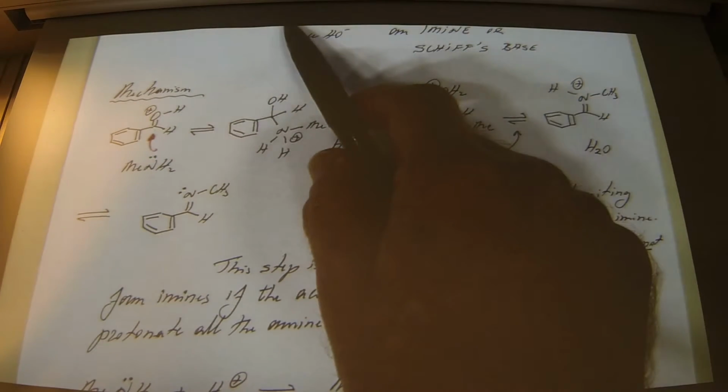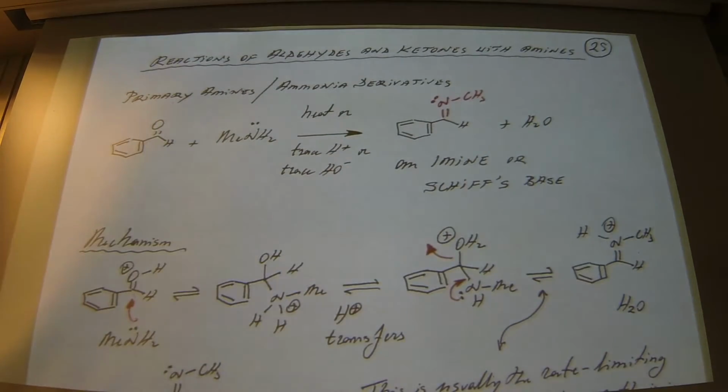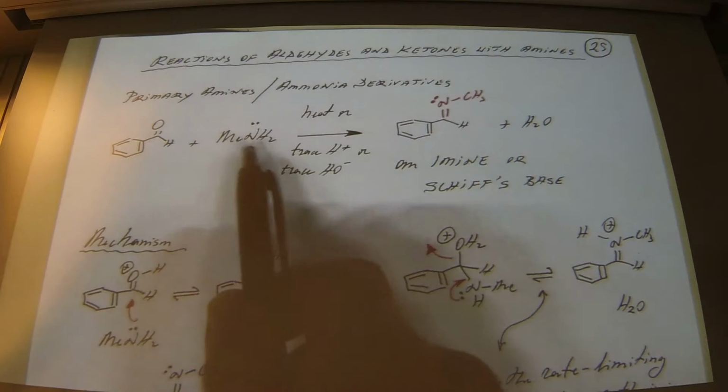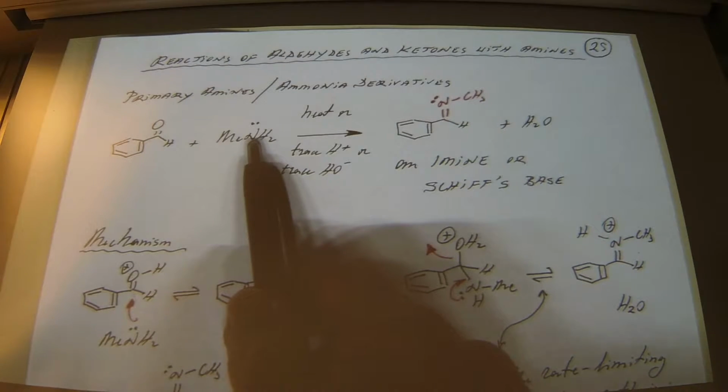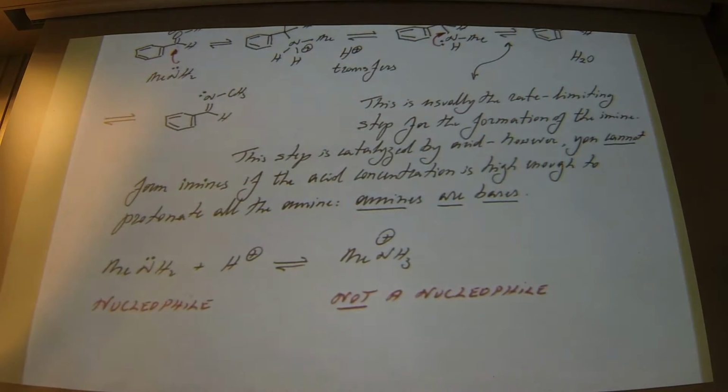Now, there's a slight difference in the formation of imines over acetals that we saw, and that is that you have to be careful when you set up an imine formation. You have to be careful not to use too much acid. You can say, well, but acid is a catalyst. How can I have too much? Here's how. Remember that this is fairly basic, and so if I have an excess of acid, I'm going to completely convert my nucleophile into this ammonium salt.